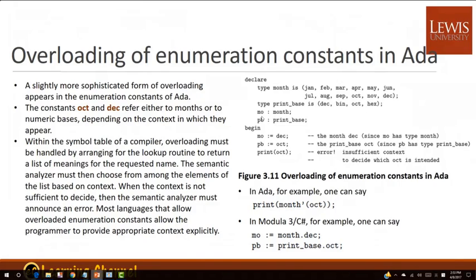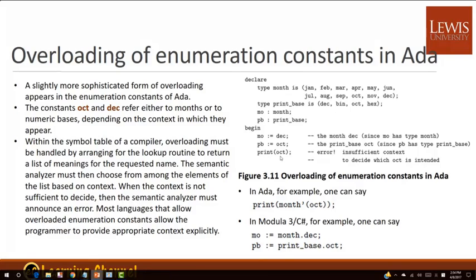So if we declare a variable of month type, it will be using this enumeration type set. And if we declare a PB of the print base type, it will be using this enumeration type. And then we can assign December to months and assign October to PB. These are okay, since you are able to differentiate the two by the data type.